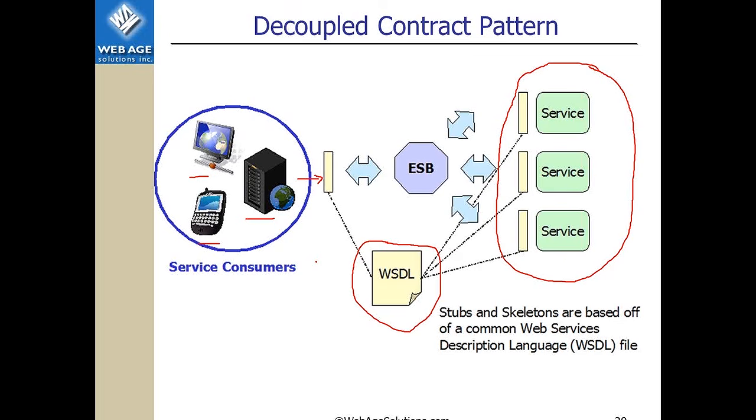Meaning that as long as you construct your HTTP or HTTPS request according to that contract, you would get the correct response back. And normally there is an ESB, Enterprise Service Bus, which sits in the middle and helps you to mediate and dispatch requests to the appropriate service.